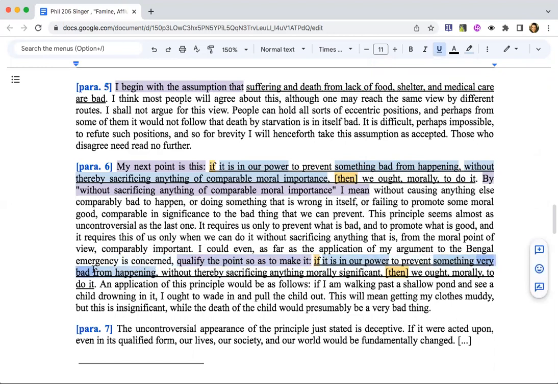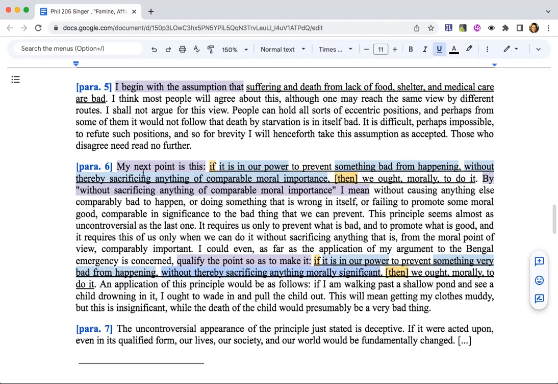Hard to say, but it does make sense, right? So if this one says you have to prevent all the bad things from happening when you can without having to sacrifice something of comparable moral significance, this one says you don't have to prevent all the bad things, just the very bad things. So that's a possible difference. Without thereby sacrificing anything morally significant.